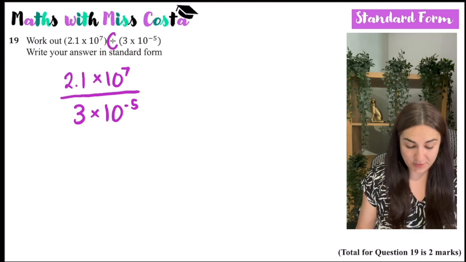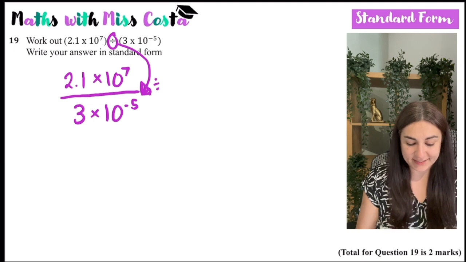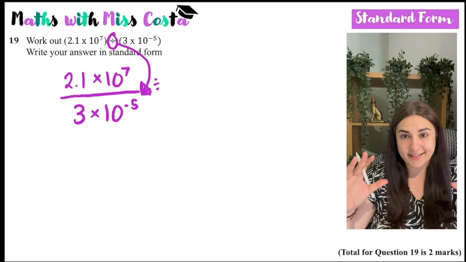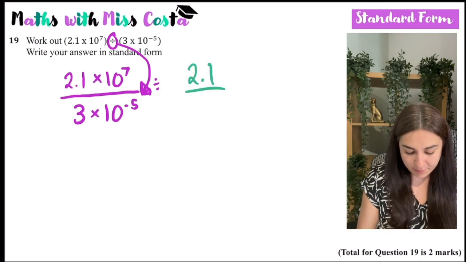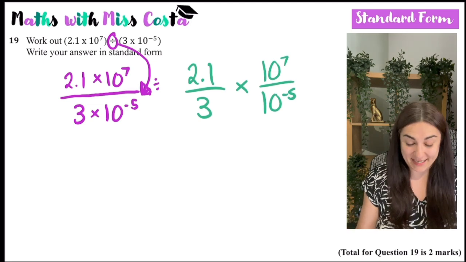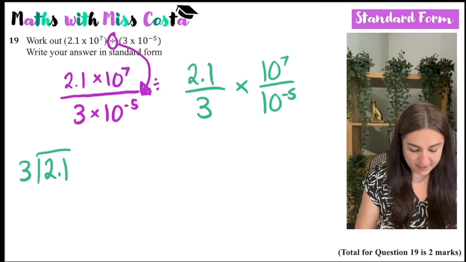Now what we can do, because remember that divide sign is just another way of writing a fraction, when you've got fractions, if their numerators are a product and their denominators are a product, you can separate them. So I could separate that into 2.1 over 3 times 10 to the power of 7 over 10 to the power of minus 5. And then it just makes it a little bit easier for me to see what I'm doing. So I need to do 2.1 divided by 3.